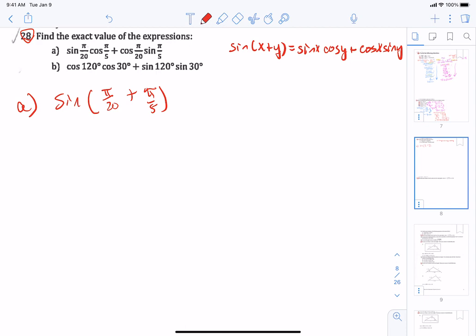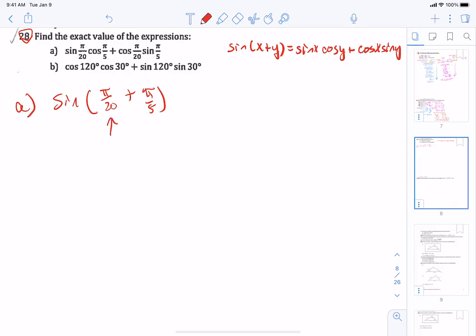You can either at this time make it degrees. Remember, pi is 180, so you can do it in degrees. Or you can get common denominators. Most of you guys don't like fractions so much, so let's make it degrees. If you do 180 divided by 20, 180 divided by 20 is 9. So this is 9.